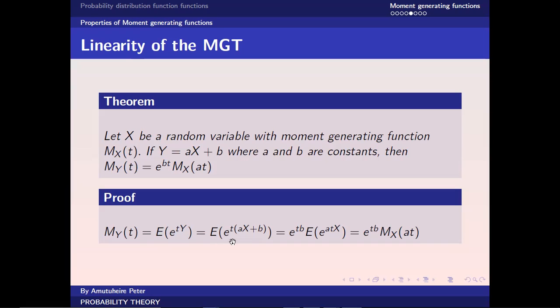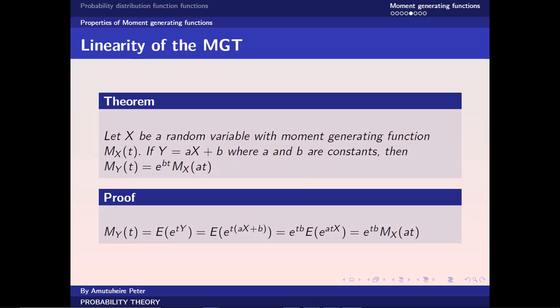Where there is y, we put ax plus b. This is e to the power tax times e to the power bt. But bt is a constant since it is independent of x, and from properties of expectation we can pull out the constant, so we get this, and where we have atx, it is the moment generating function of x at at.